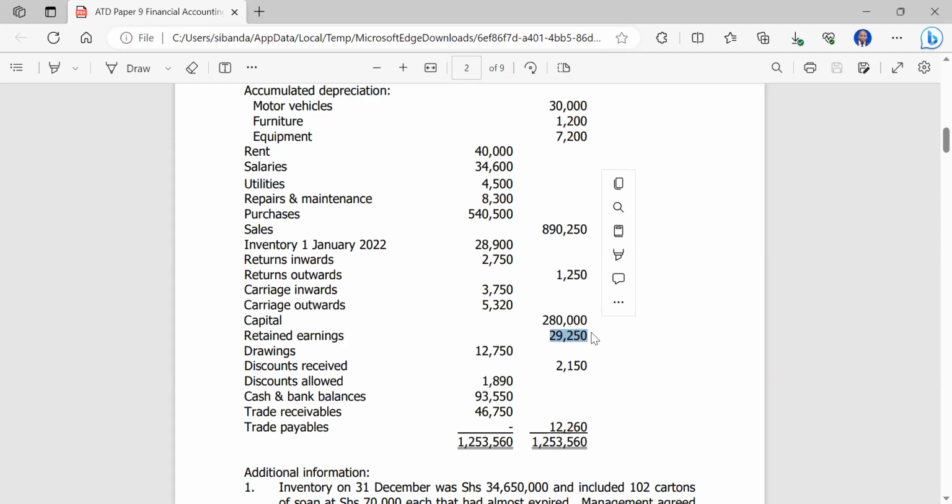And if you make a loss of 200,000, it will be 1.5 minus 200,000, which is 1.3, which will be positive. In case it's negative, then you also know how to apply it accordingly. Any questions on retained earnings?